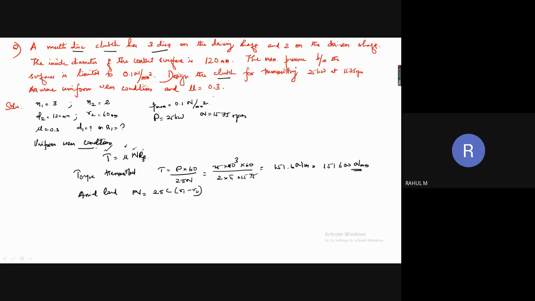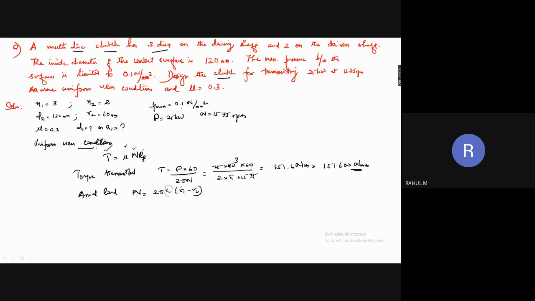Now the problem is that you have two unknowns. C is an unknown, and the radius R1 is also an unknown. So it is difficult to continue with this. If you can find any one of these, for example the value of C, then this becomes a single unknown equation, right? So we can make it like that.